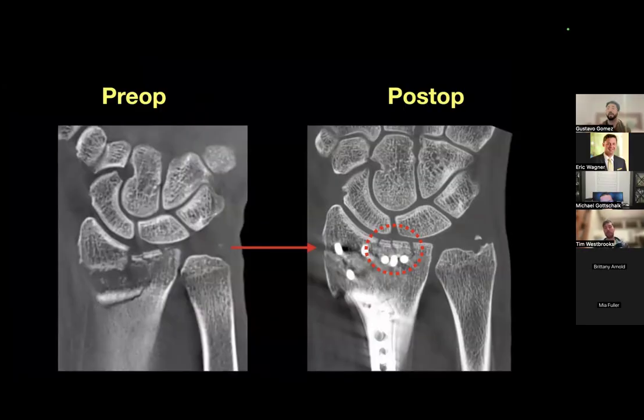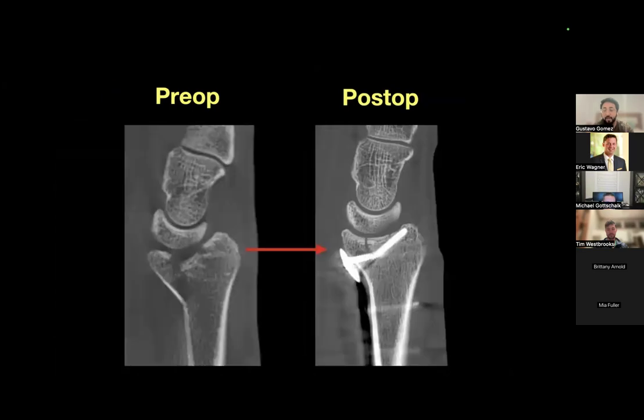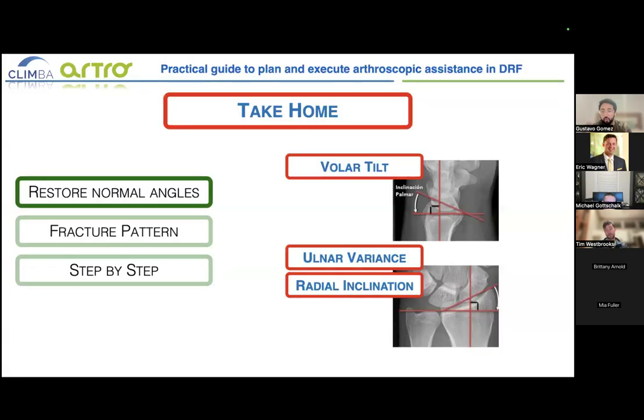Sometimes it's almost impossible to fix this fragment, because if you pass the drill and the screw through this little fragment, you can destroy it. So it's very important to place some screws underneath these fragments just to avoid their collapse. And you can see the control in sagittal view too.